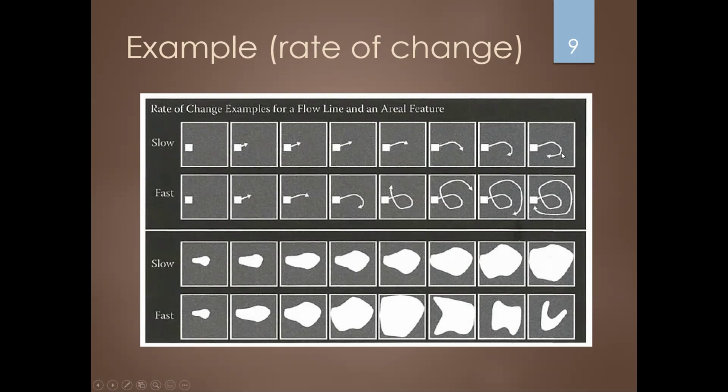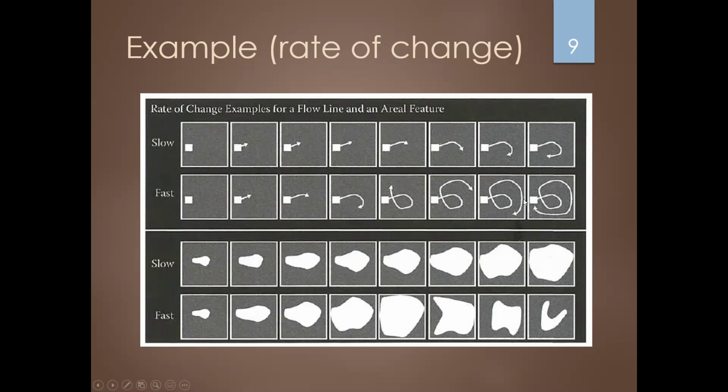You can say that the linear feature is not very long, but if you change the rate of change of this linear feature, you can see here within 8 frames, obviously at the end you have a much longer linear feature because the rate of change is high in the second animation.